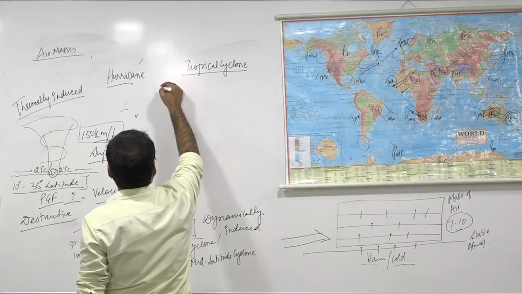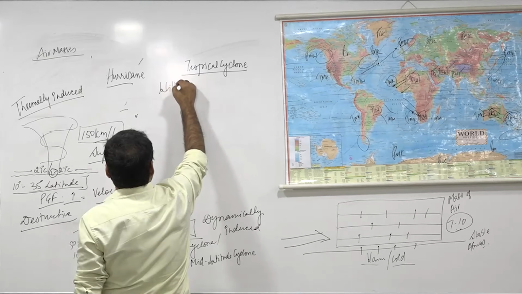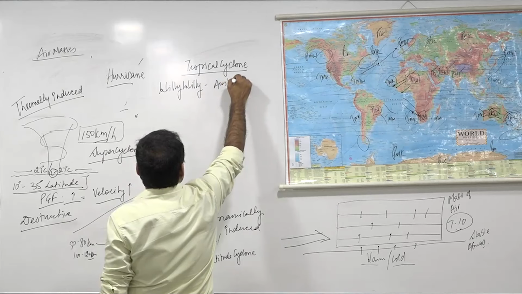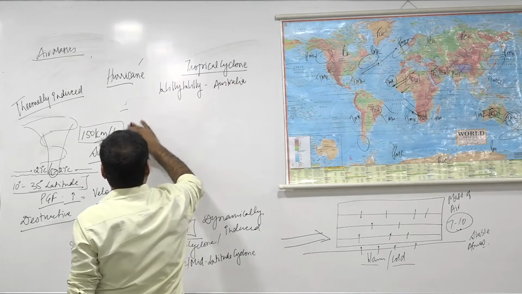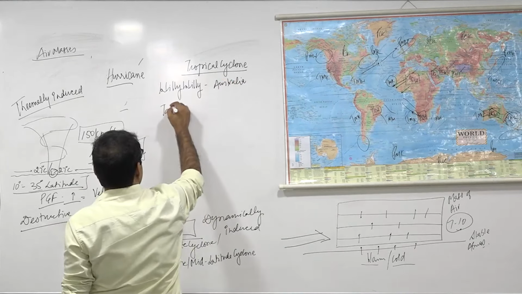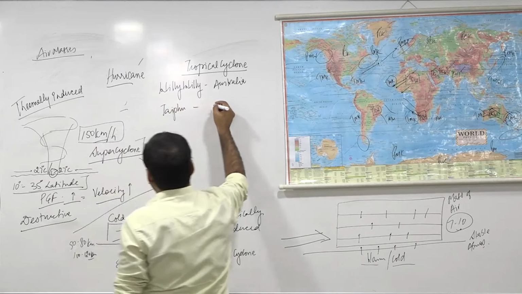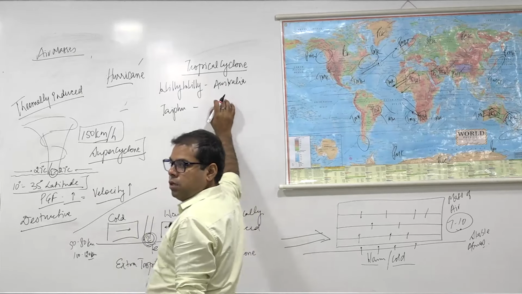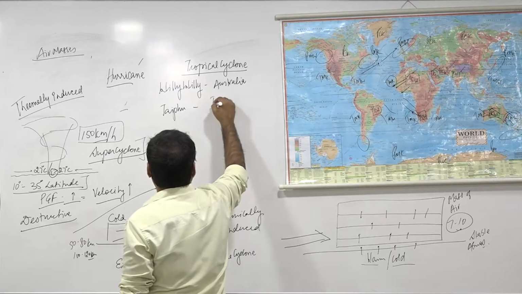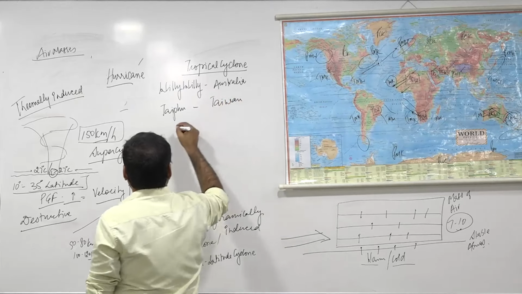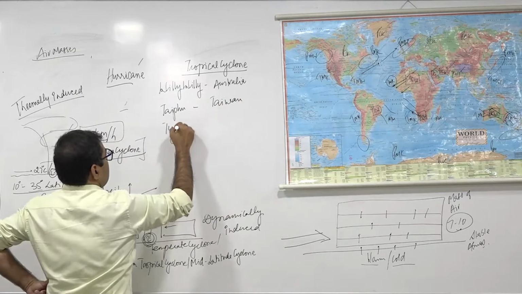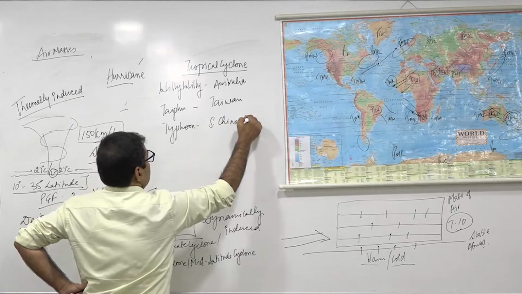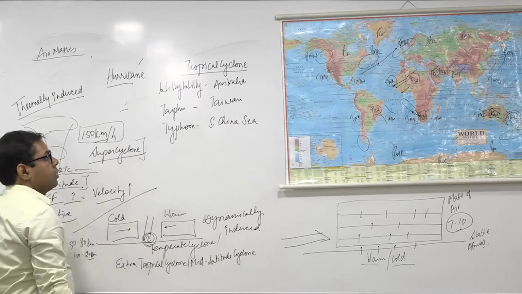Different names of tropical cyclone. This is called Willy Willy in Australia. It is called Taifu, no, Taifu it is called in Taiwan. Typhoon in the South China Sea, Philippines and China.